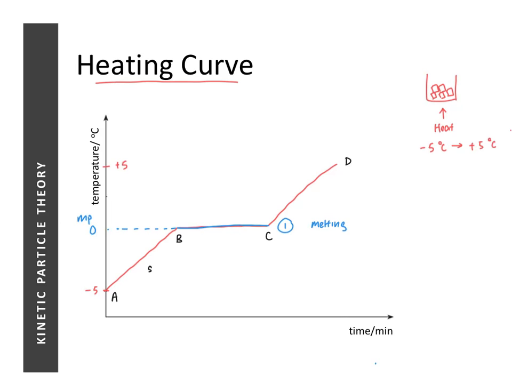B to C, melting has occurred. So we are looking at a mixture of solid and liquid. And when the temperature starts rising again at C, it tells you that melting has completed. So from C to D, we are looking at water in liquid state. So that's the second important thing, which is to know what state the substance is in the different sections of the graph.